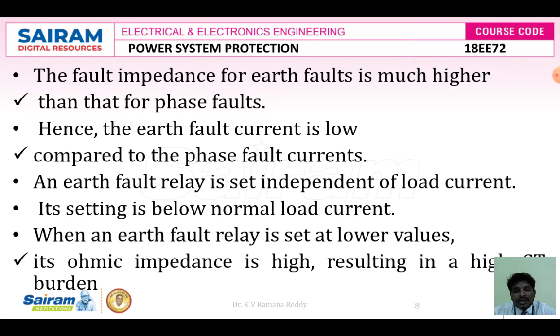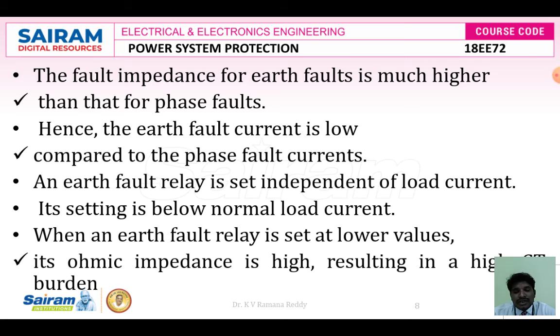If the earth fault current is low compared to phase fault currents, an earth fault relay is set independent of load current. Because the earth fault involves some resistance or reactance of the earth, the magnitude of the current flowing through the earth wire is less.